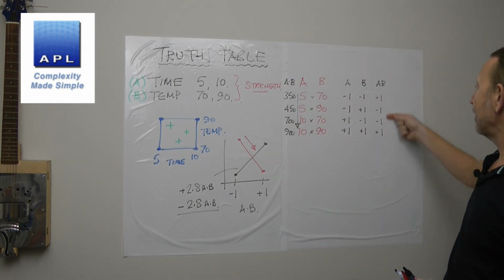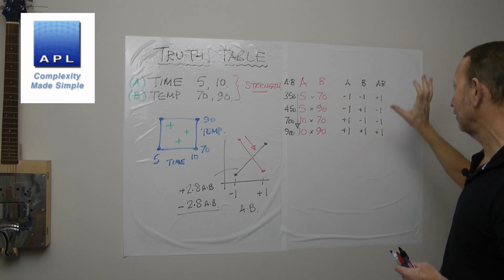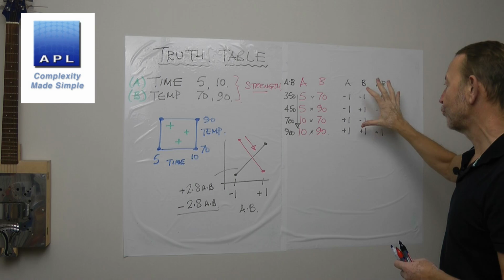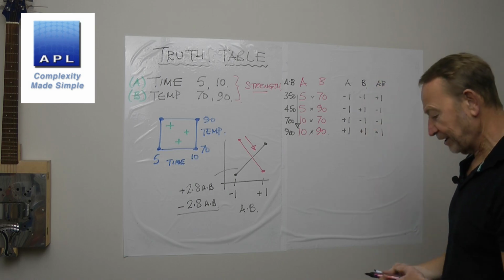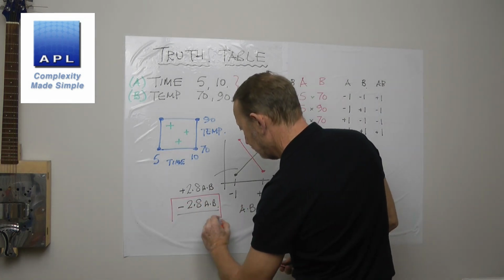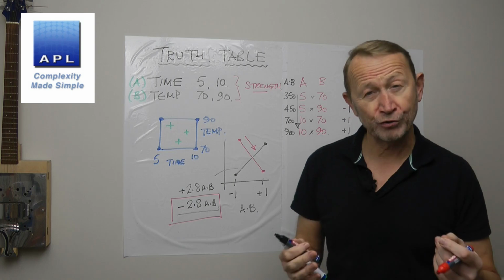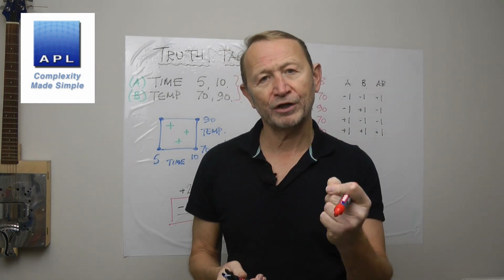But it's only by having the truth table, this is known as coding, and the whole thing is called a truth table, that when we make the calculations, the coefficients are true, but not only are they true, they will work.